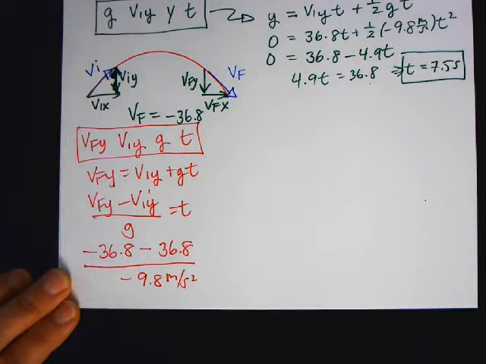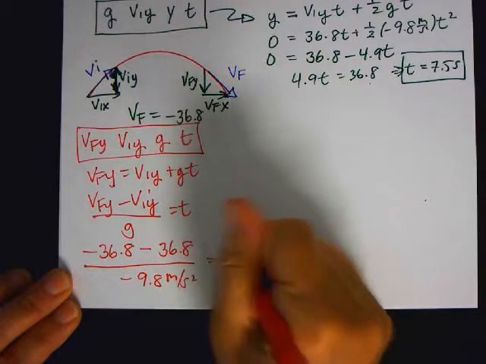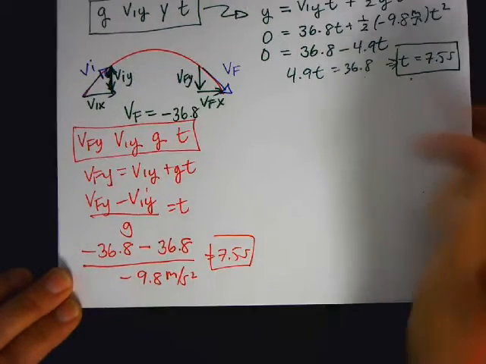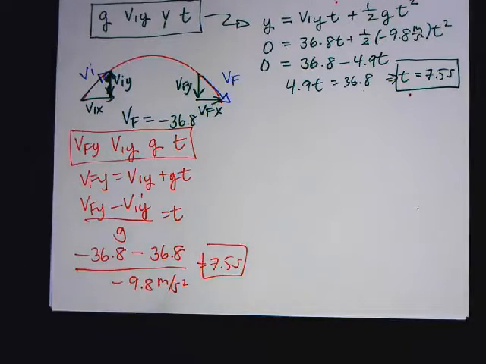So then when I do that on my calculator, I get 7.5 seconds, exactly the same thing I got for the time here. So here's the thing about physics. A lot of times when you do a problem, there's more than one way to do it. What is the best way to do it? The best way to do it is the way that you understand it.